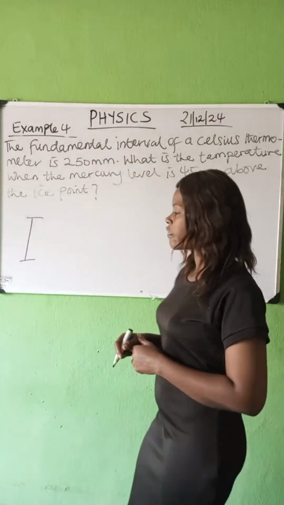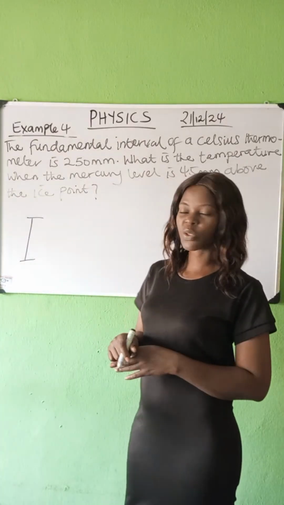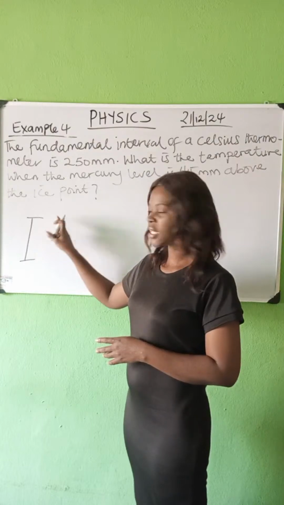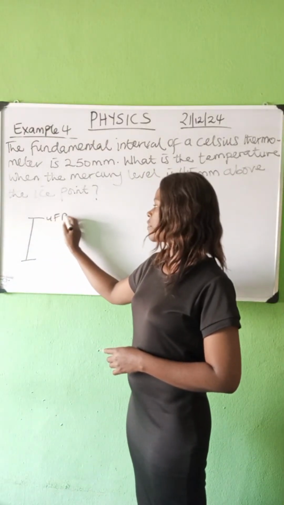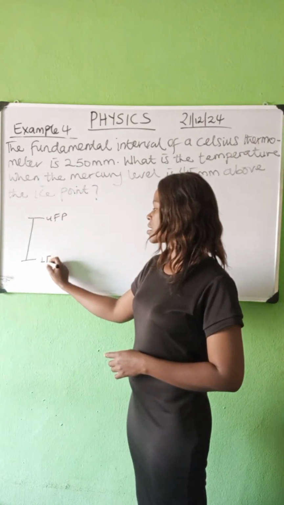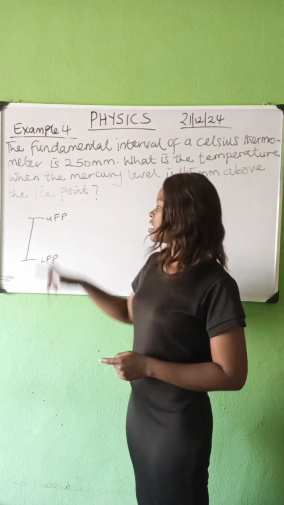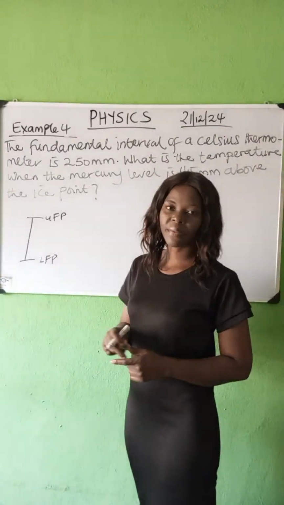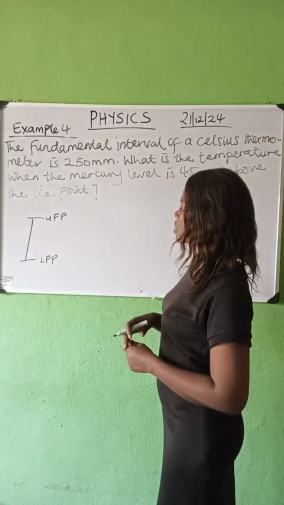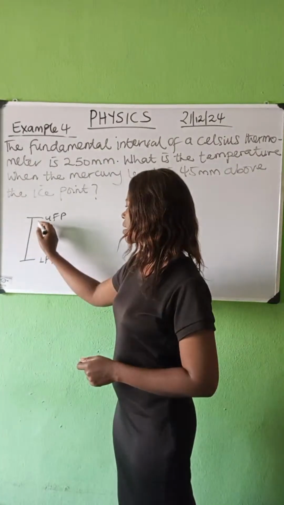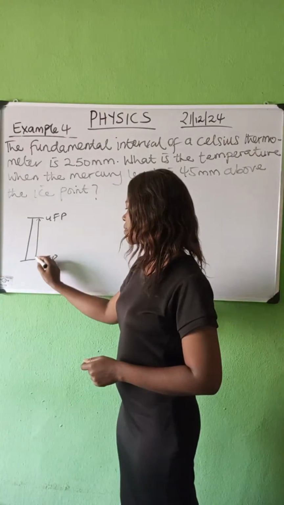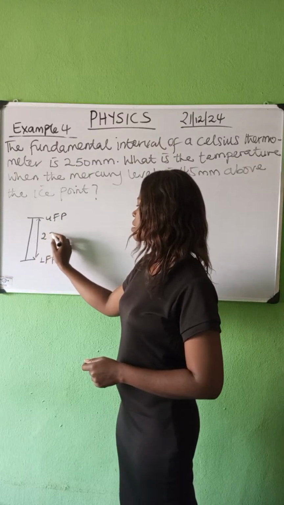Now, I've told you before that fundamental interval is the difference between the upper fixed point and the what? Lower fixed point. This is the upper fixed point and this is the lower fixed point, right? The difference between them gives us the fundamental interval. So in this question, they've given us the fundamental interval, that is from here to here, to be what?